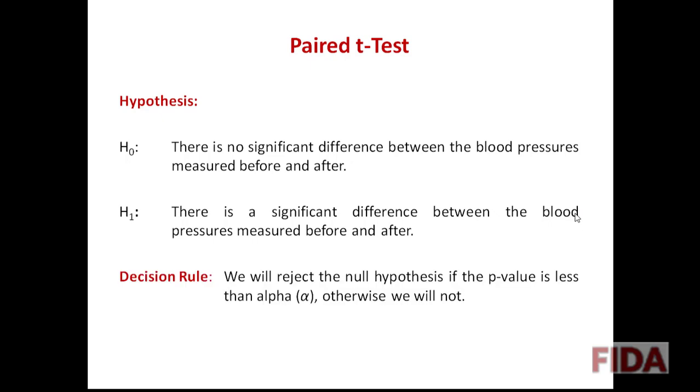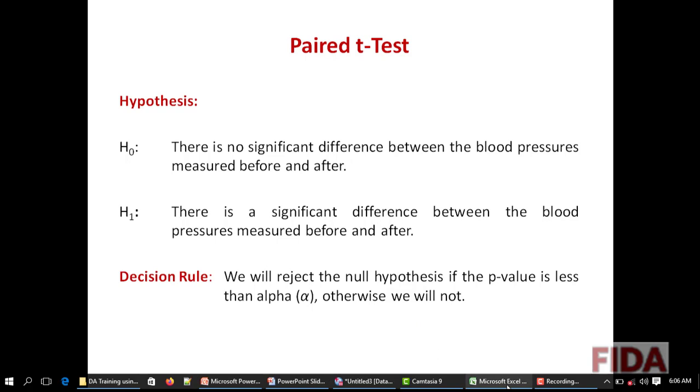Our decision rule says we will reject the null hypothesis if the p-value is less than the alpha. Otherwise, we will not. And remember, our alpha is 5%, that is 0.05. So let's move to Excel, where we have this data, and see what we can do.